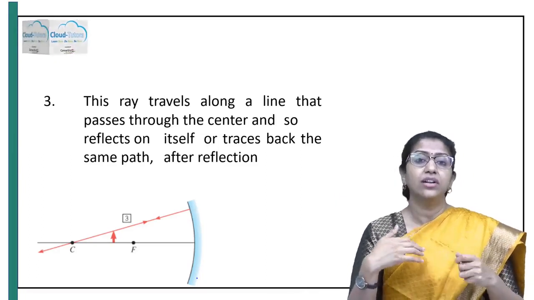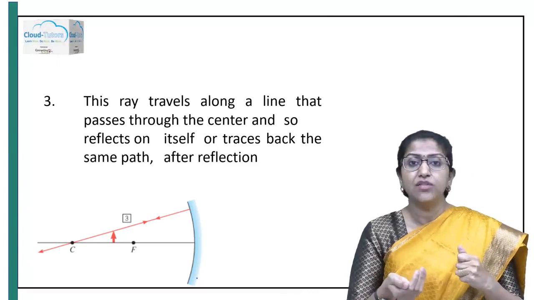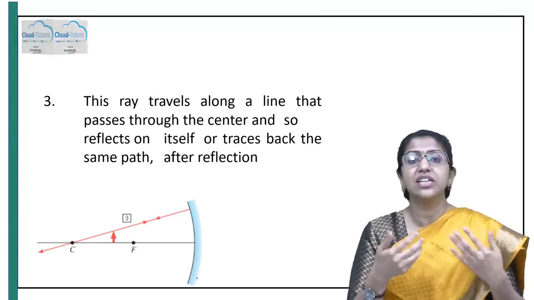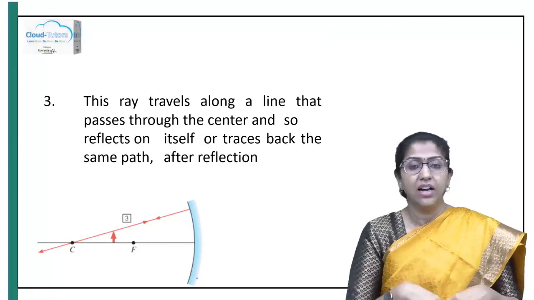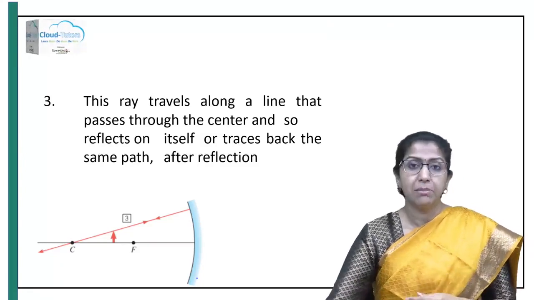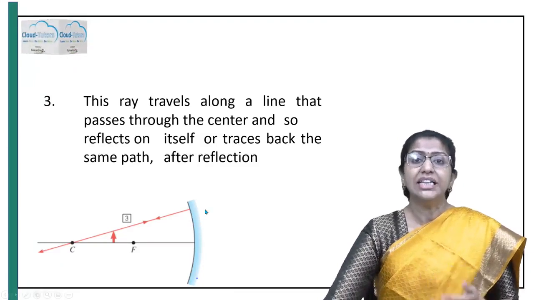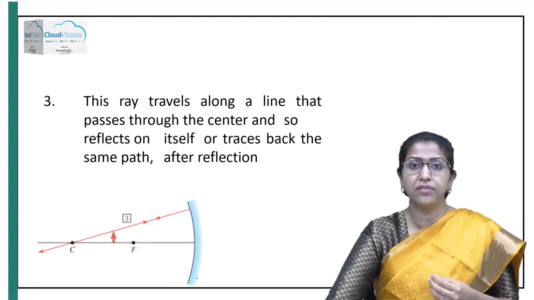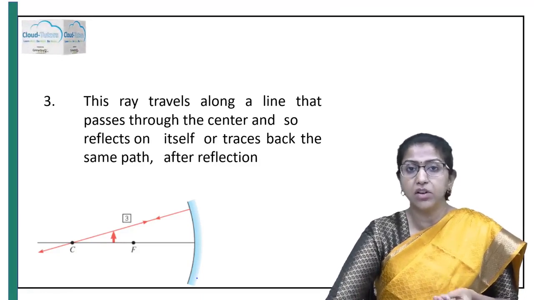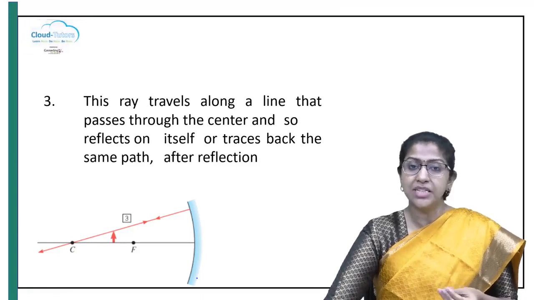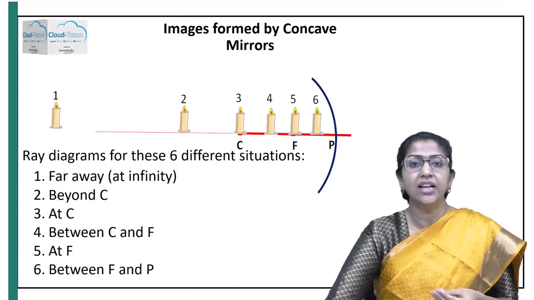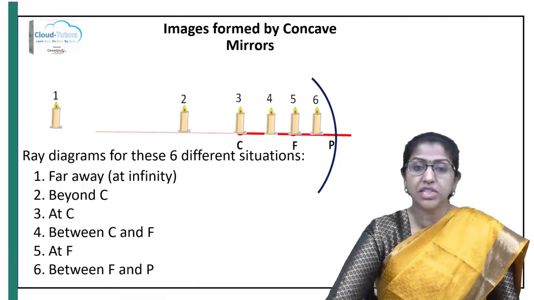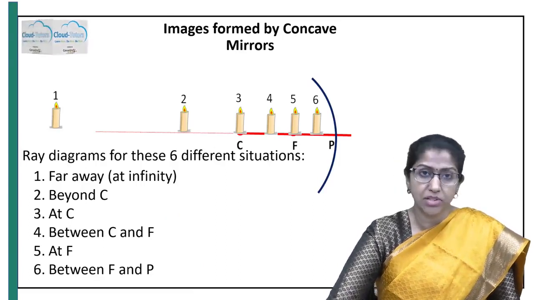So whenever we are trying to locate the image formed by a spherical surface, we always need to remember these three rays of convenience, and it will help us locate the needed image here. Okay, with these methods and basic knowledge of what are spherical mirrors and terminologies, let's move ahead and understand the different positions at which the objects are kept in front of the mirrors, where these images are formed.